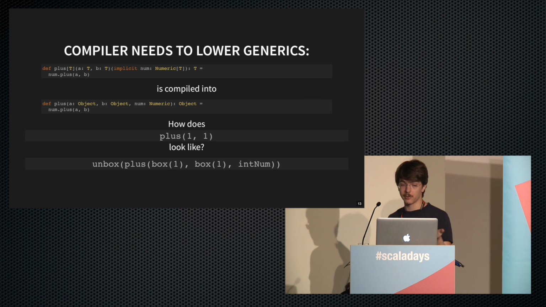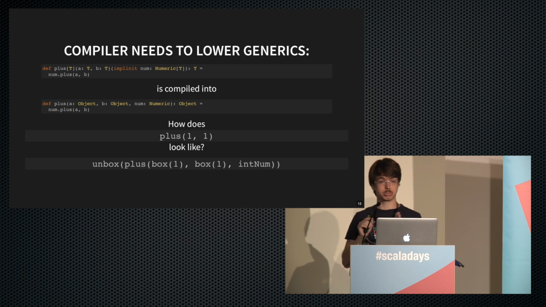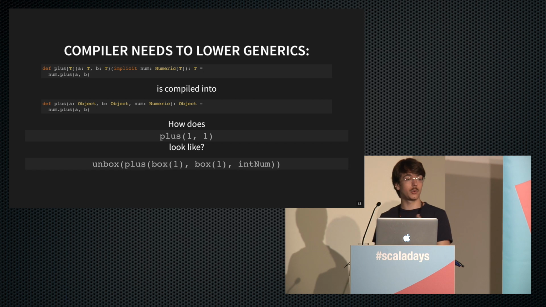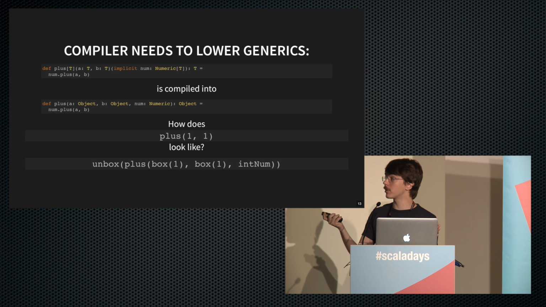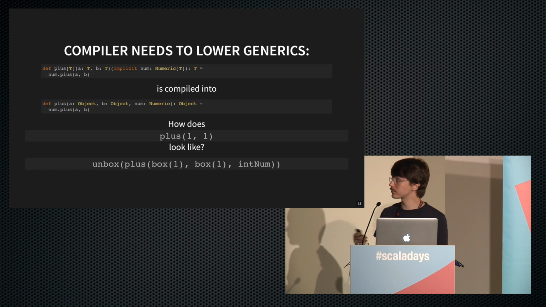To illustrate this on a small example, let's consider a function which does just addition of 2 things. And it doesn't know yet what kind of things it adds. So because it doesn't know, it needs a numeric, which will actually define how these things are added.